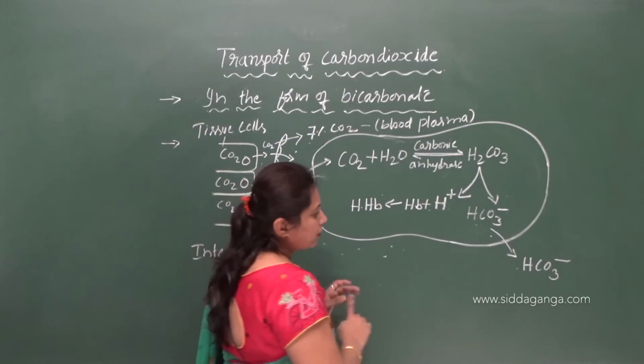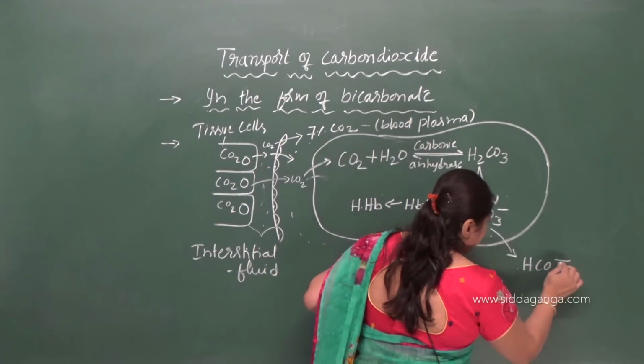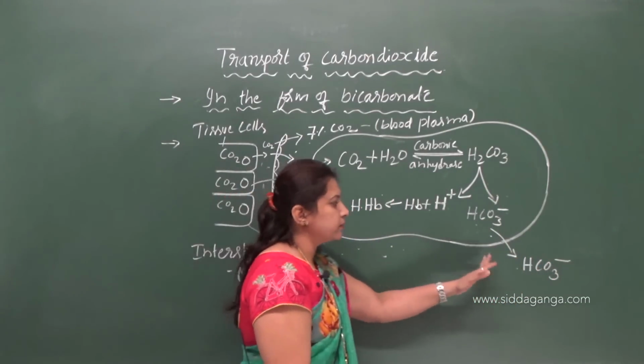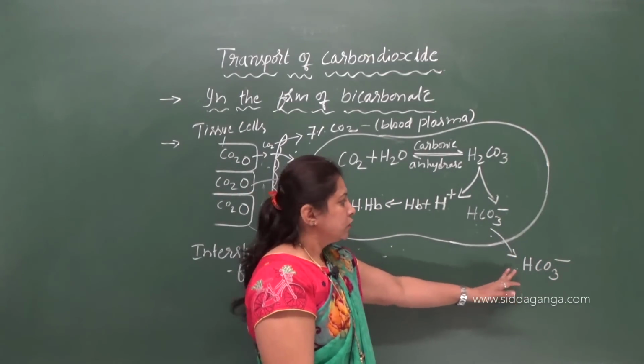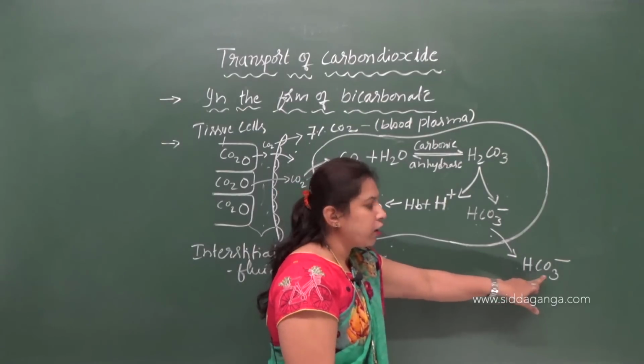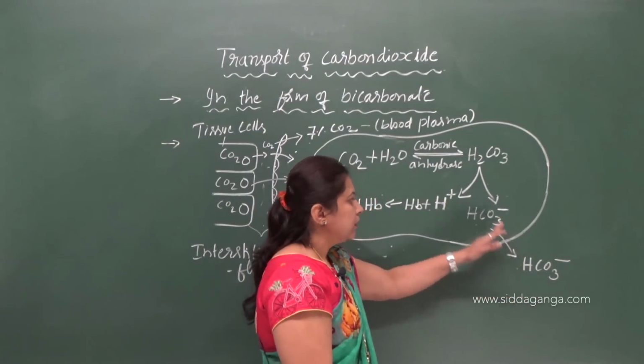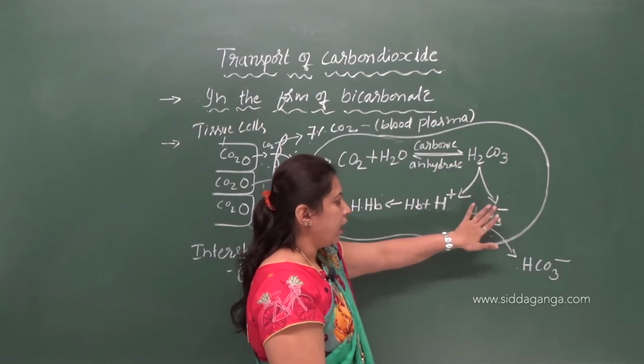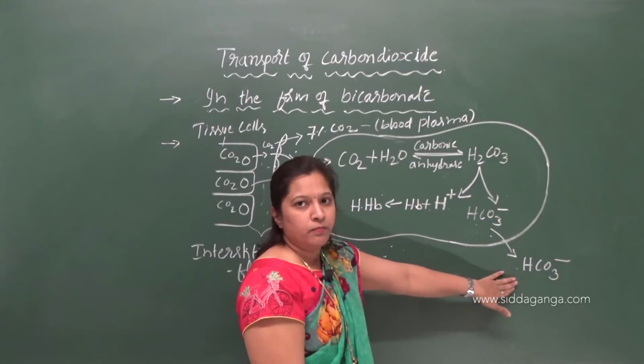Once the bicarbonate ions move out of the RBCs, this disturbs the ionic balance. The exit of bicarbonate ions causes changes in the ionic balance between the RBCs and the blood plasma.